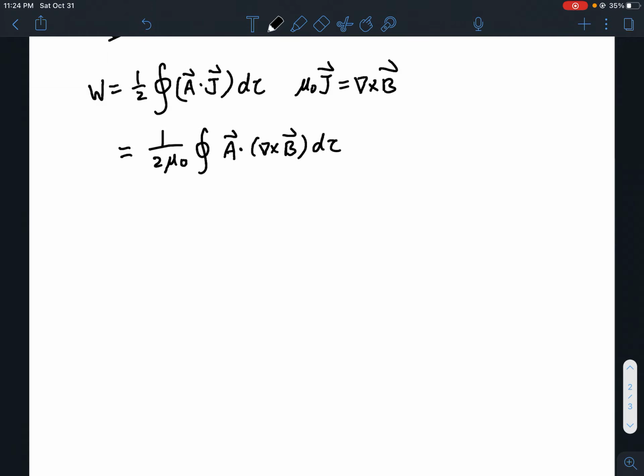Now we need to do this integration by parts. So we have to use the formula that we learned from vector analysis: if we have a divergence of a cross product, it becomes this.